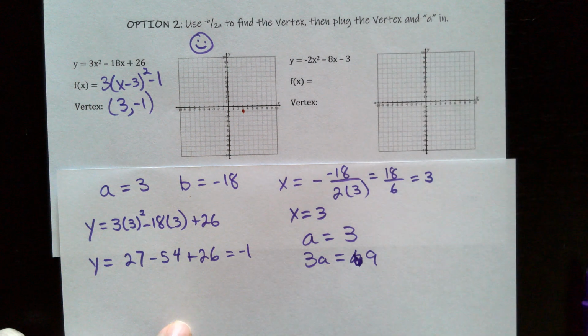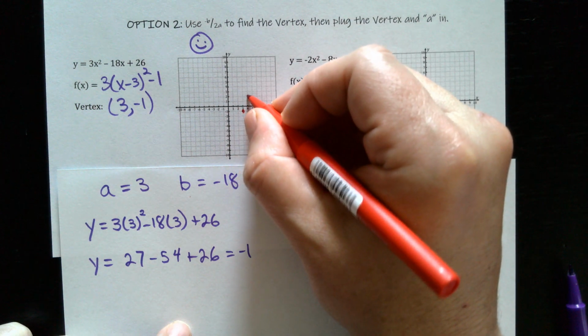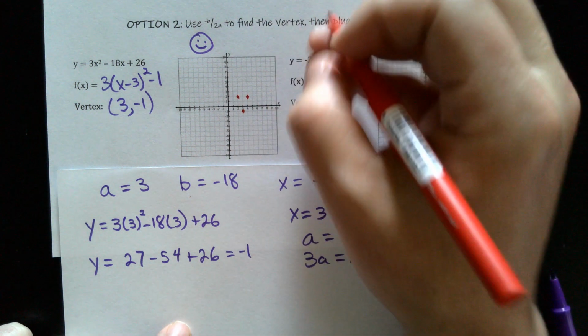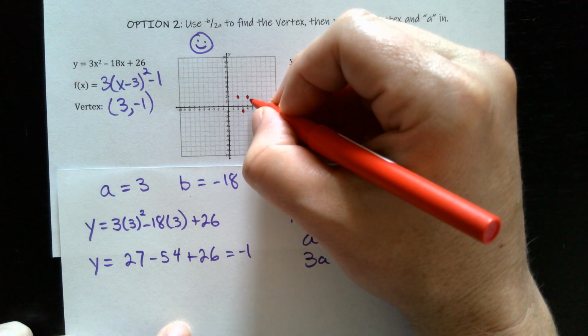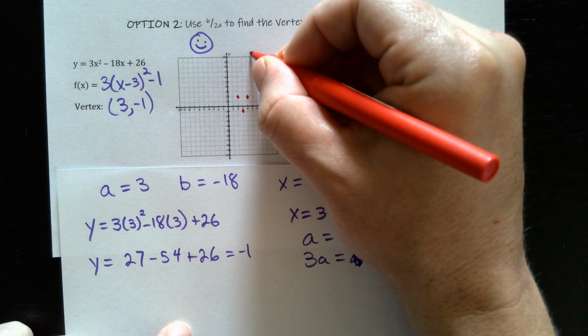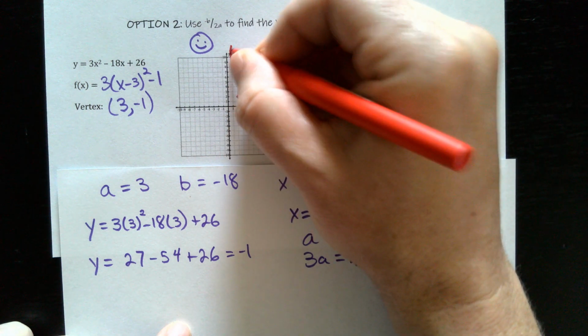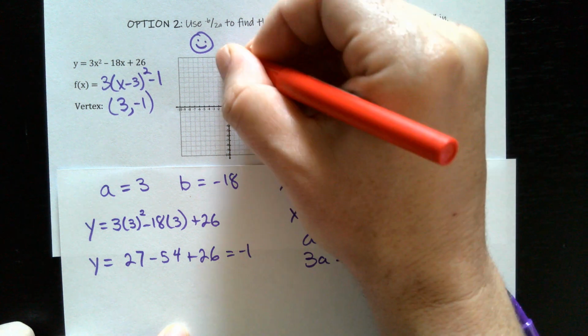And then we go over 1 and up 3, over 1 and 1, 2, 3. And then we go over 1 again and up 9, which will be off the graph. It'll be at, let's see, 11. So it'll be like right here and right here, okay? And there is the graph of our parabola.